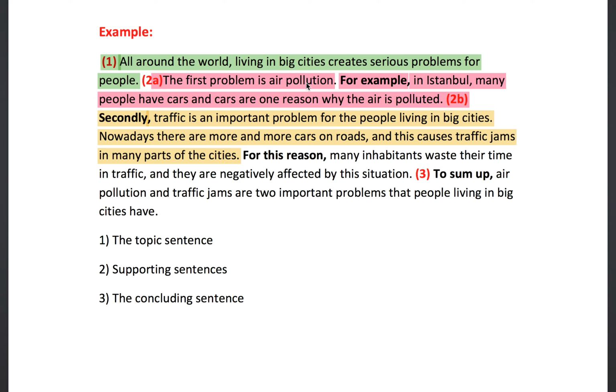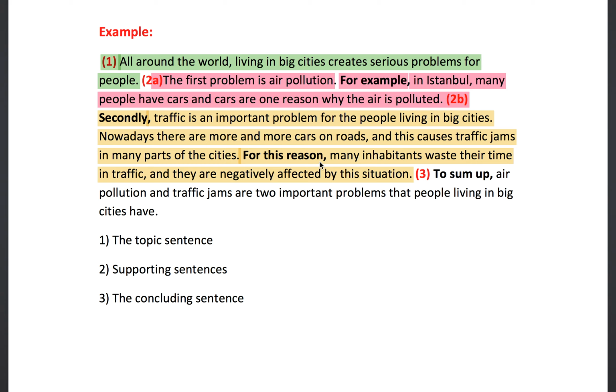The first one is air pollution by cars, and then having traffic problems, also by cars. For this reason, here is another example. Okay. For this reason, many inhabitants waste their time in traffic, and they are negatively affected by this situation.